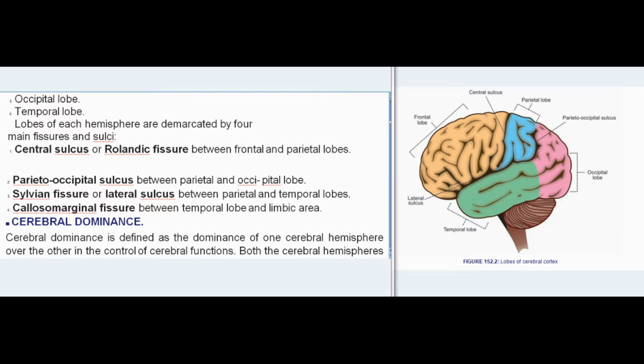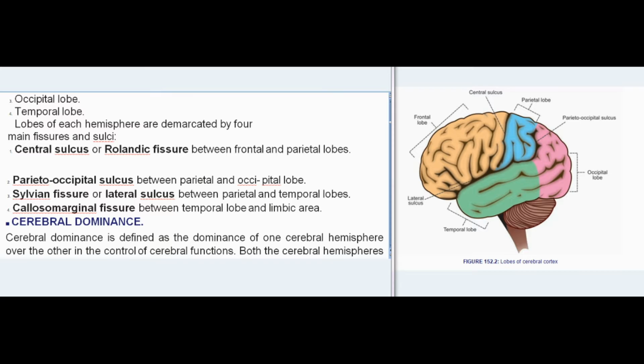Lobes of each hemisphere are demarcated by 4 main fissures and sulci: central sulcus or Rolandic fissure between frontal and parietal lobes. Parieto-occipital sulcus between parietal and occipital lobe. Sylvian fissure or lateral sulcus between parietal and temporal lobes. Calloso-marginal fissure between temporal lobe and limbic area.